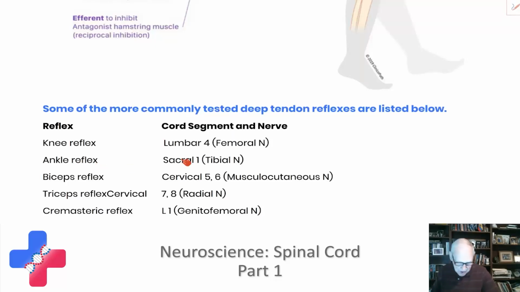Now, let me mention this one real briefly. Not only do you have deep tendon reflexes like the ones we're talking about, but also remember there are cutaneous reflexes. So you can stroke your abdominal skin very lightly and the abdominal muscles will reflexively contract. You get an abdominal contraction.